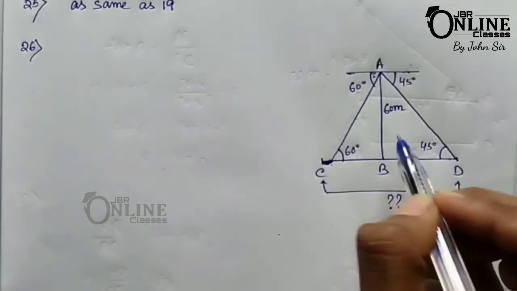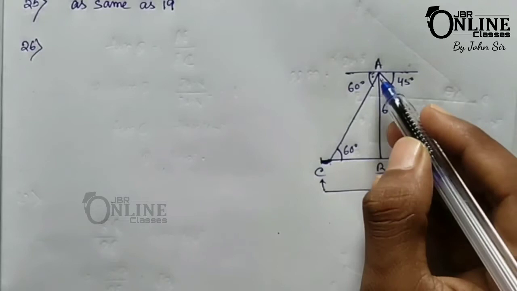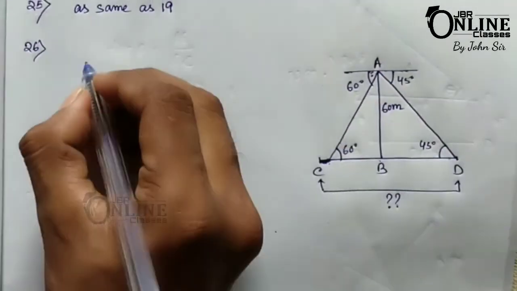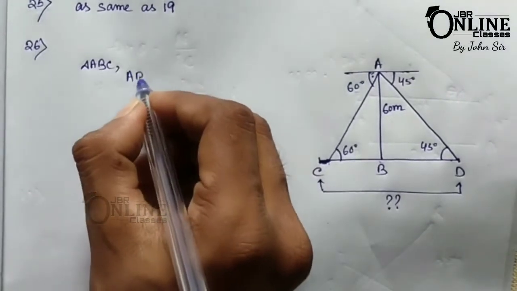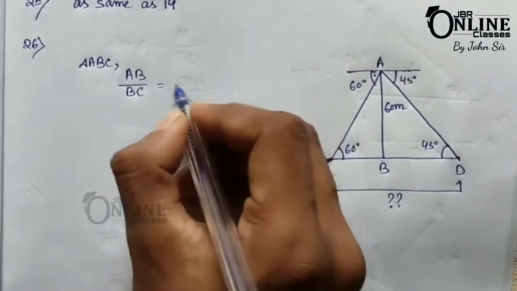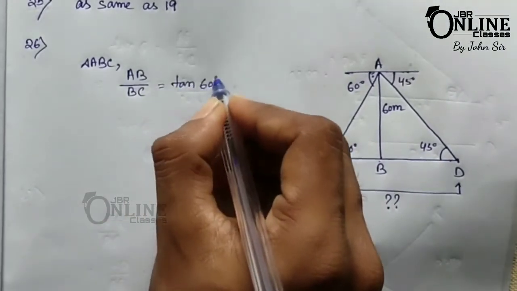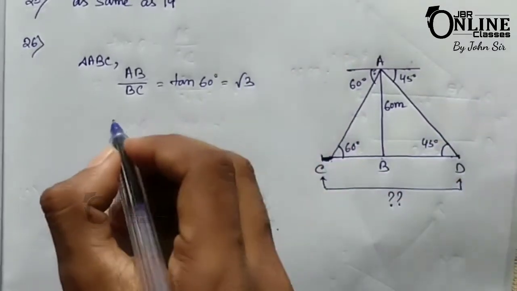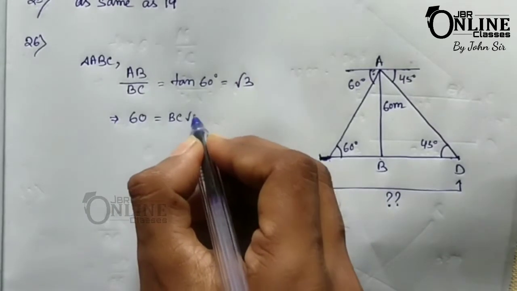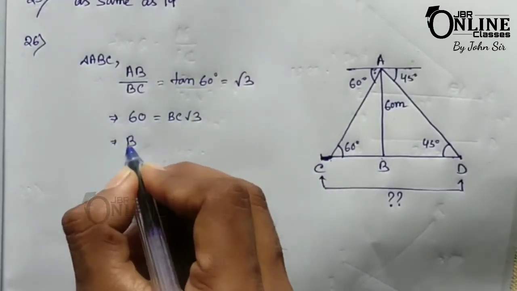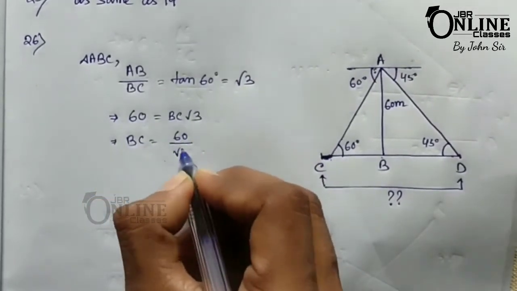So here from the first triangle ABC, AB by BC equals tan 60, that means root 3. AB means 60 meter, so 60 equals BC root 3. So BC equals 60 by root 3.